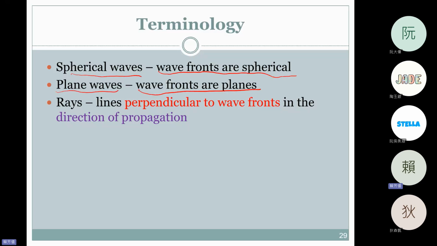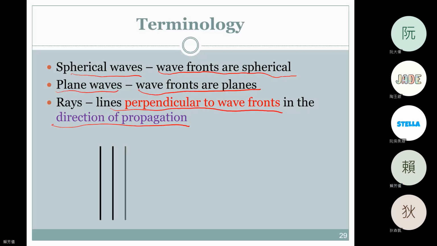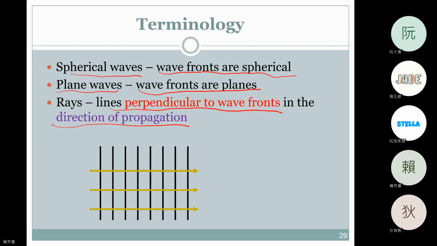And the ray means the direction of optical propagation, which should be perpendicular to the wavefront. This is a wavefront, and these are the optical rays, meaning the propagation direction.